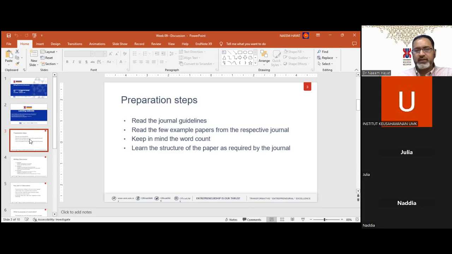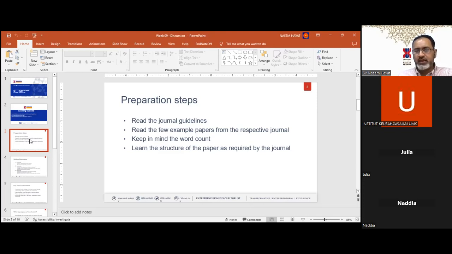We can find the structure, the word count, the format, as well as the font and the paragraph requirements. So I always advise, if we are writing for a new journal, we must go and find the guideline, and there is helpful information available.